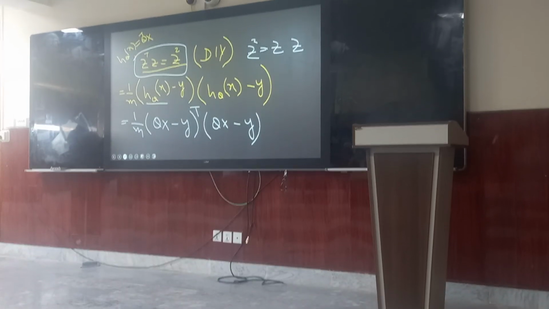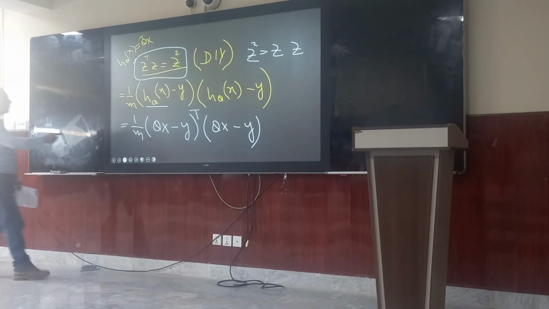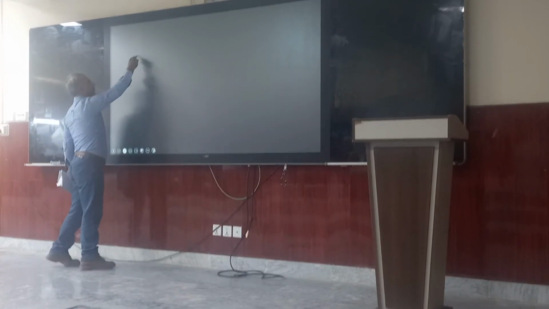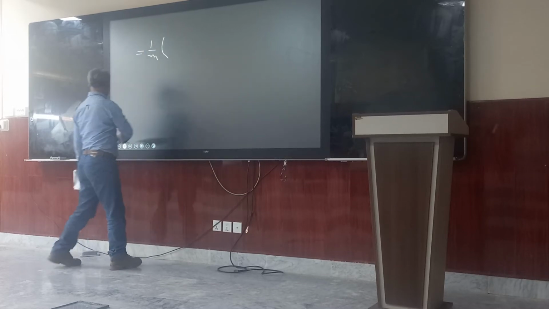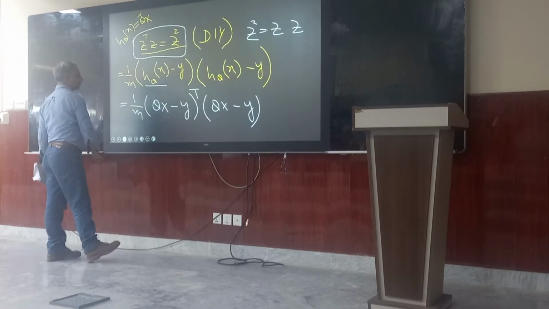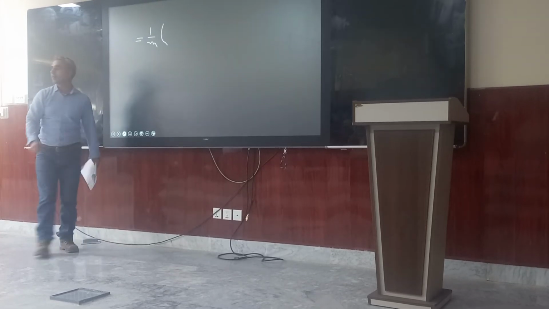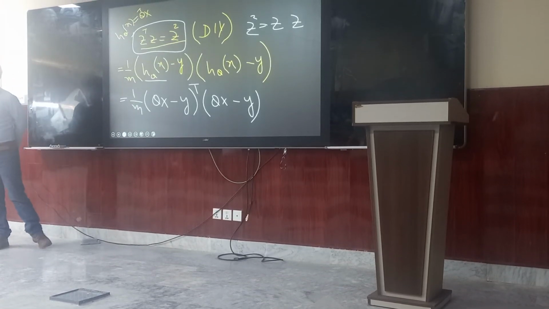Yes, sir. Now, for a moment, just leave this term 1 over m. So multiply this one, this term, this term. Yes, please. There will be the square, 1 by m.